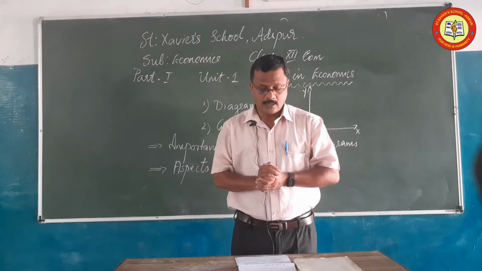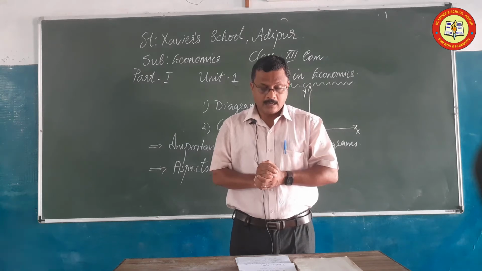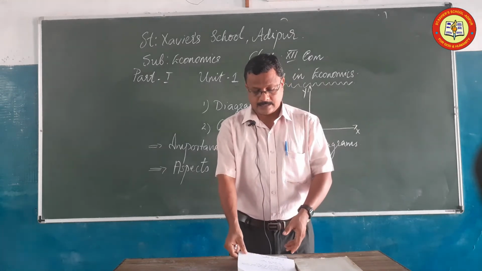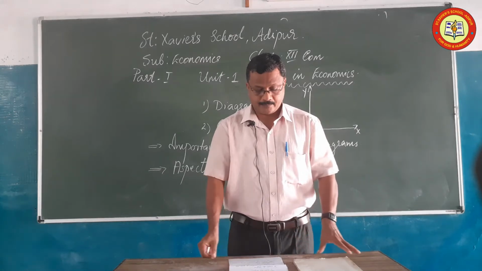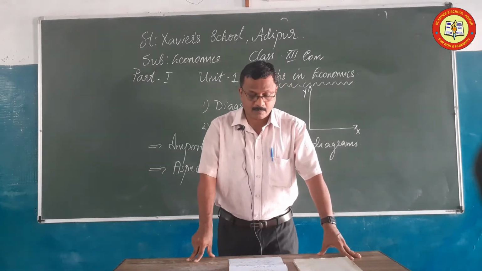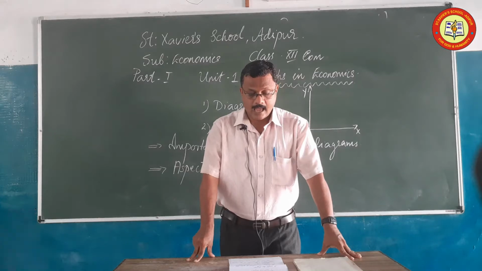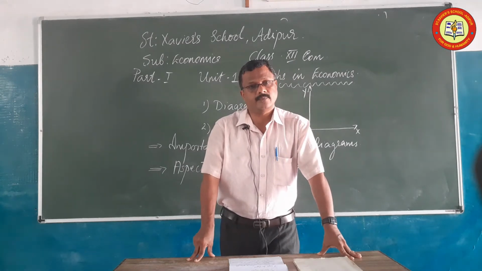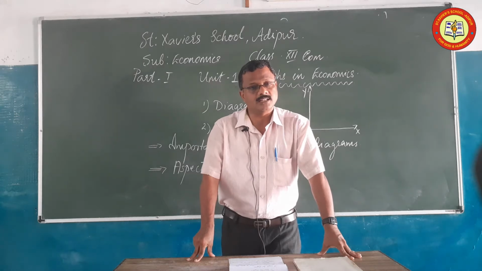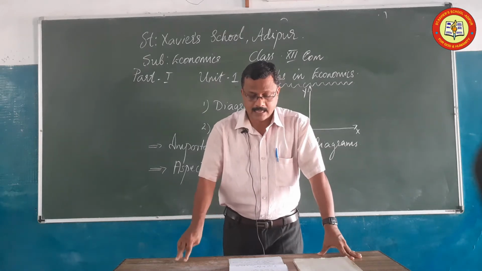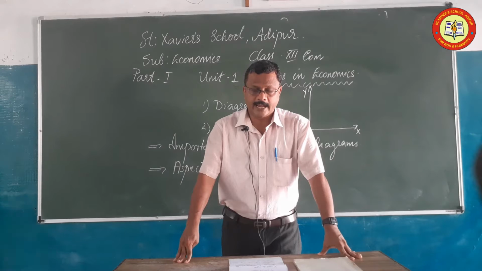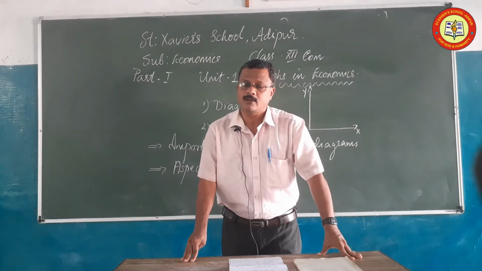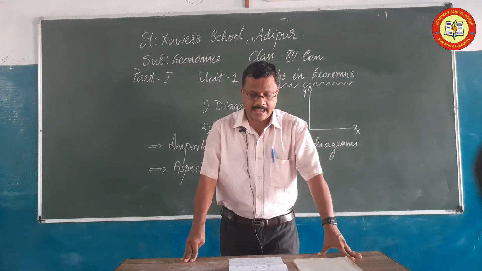Now first of all, we are going to see the time-based line diagram. The independent variable is measured on the x-axis and the dependent variable is measured on the y-axis.